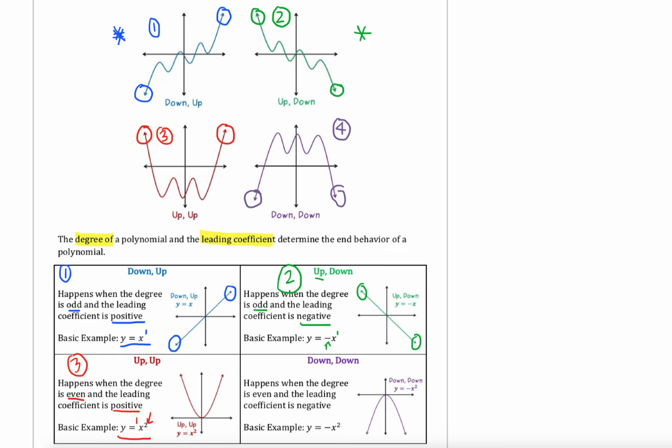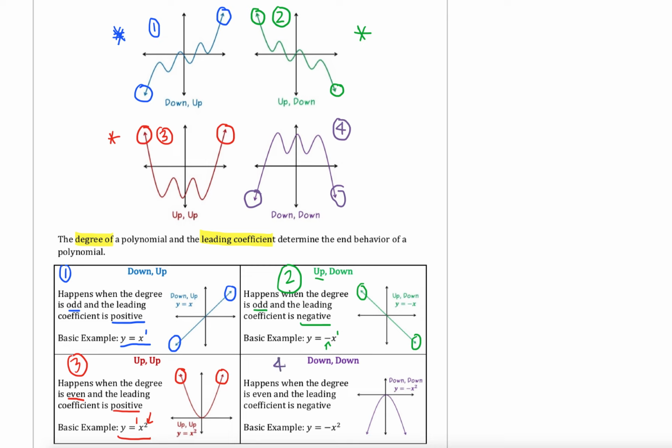It's our parabola that's facing upward, and I can see from this graph that to the far left and to the far right the graph goes up in both directions. Just like in our most general example up here where we have up and up with the squiggles in between. Again, those squiggles in between really don't matter. It has nothing to do with the end behavior. The end behavior is literally what happens to the far left and to the far right of our graph.